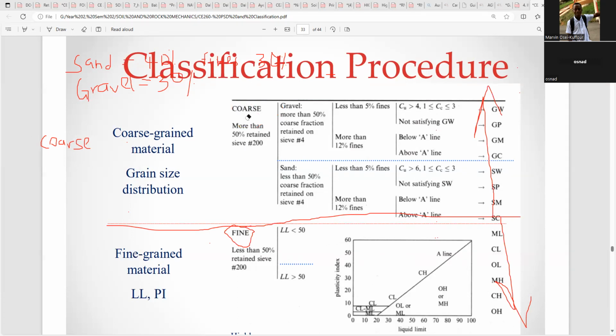So let's continue. So what are we having? If you have more than 50% retained on sieve number 200, then what is that?